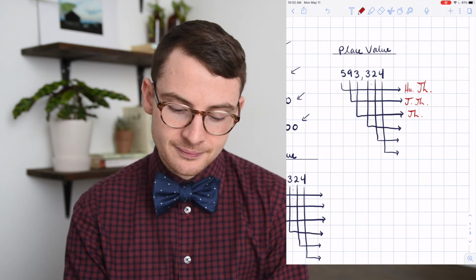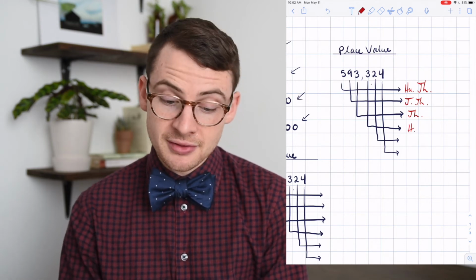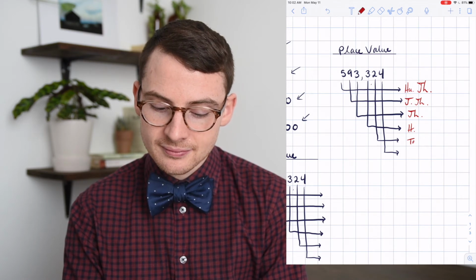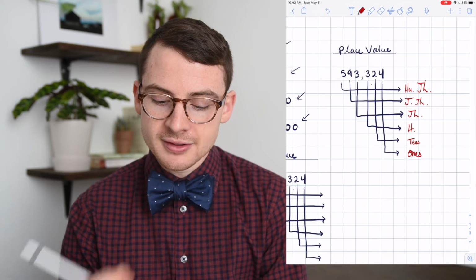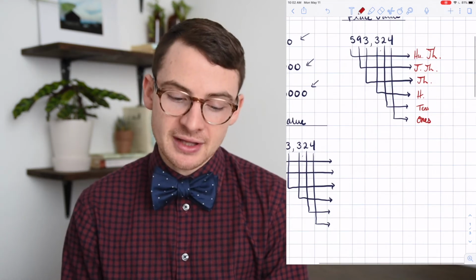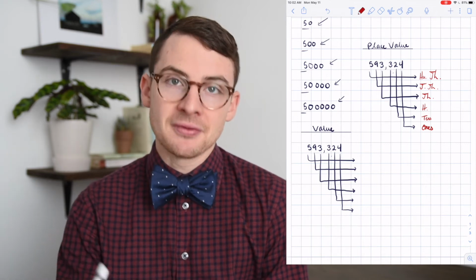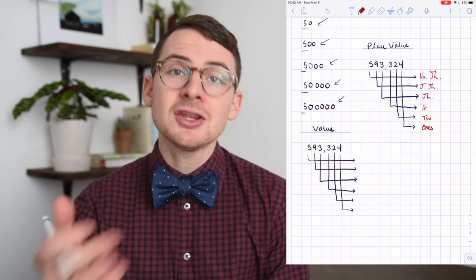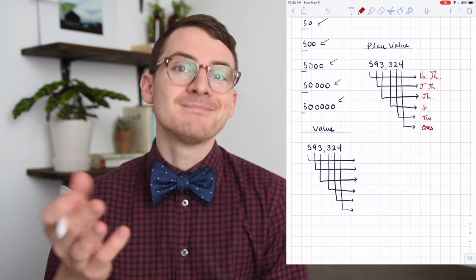Good. And the 2 is in the tens place. And the 4 is in the ones place. So this would be the place value. So if I said, what's the place value of the 9, you would say 10,000s. If I said, what's the place value of the 5, you would say 100,000s. If I said, what's the place value of the 4, you would say ones.